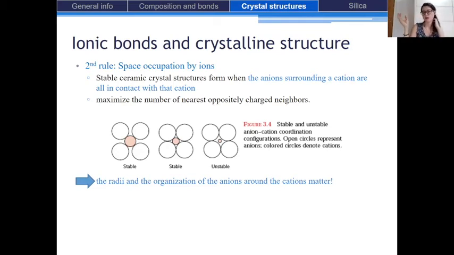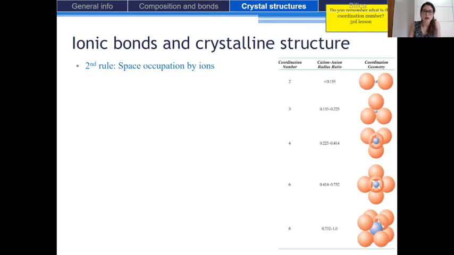So the space occupation by ions should respect this second rule, okay? And so the radii of anions and cations and the organization of the anions around the cations will be very important.